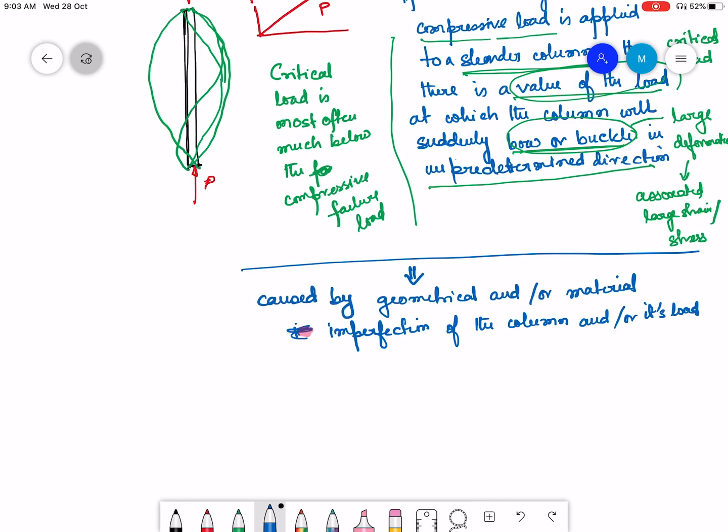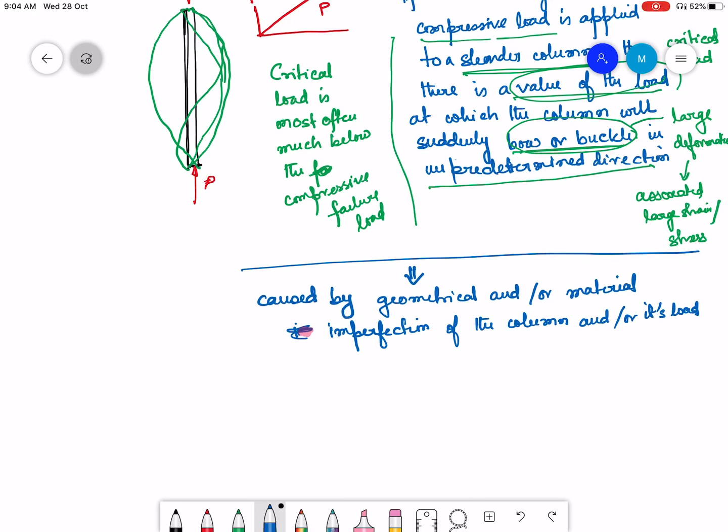Theoretically, if we consider that the structure is perfect, with absolutely no imperfection, and the load is perfectly aligned with the centroidal axis or the neutral axis, then perhaps we can imagine that there is not going to be any buckling. But this usually is not the scenario; we cannot achieve a perfect column or perfect loading system.